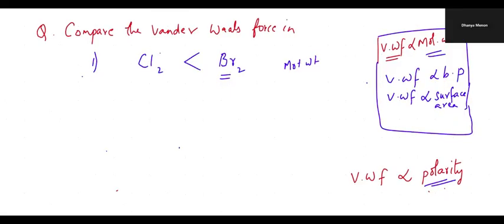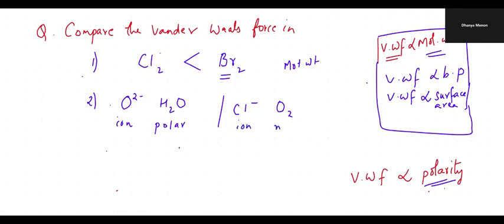Okay. The second one is oxide ion with water, an interaction between ion and polar molecule, versus ion and non-polar molecule. This is an interaction between ion and polar molecule. This is an interaction between ion and non-polar molecule.